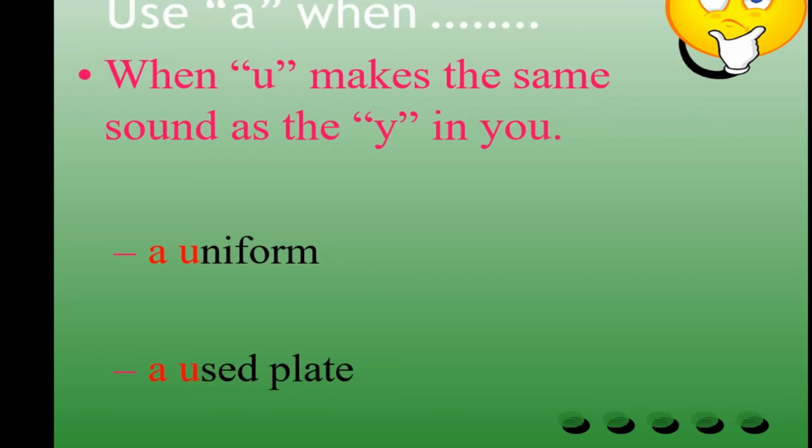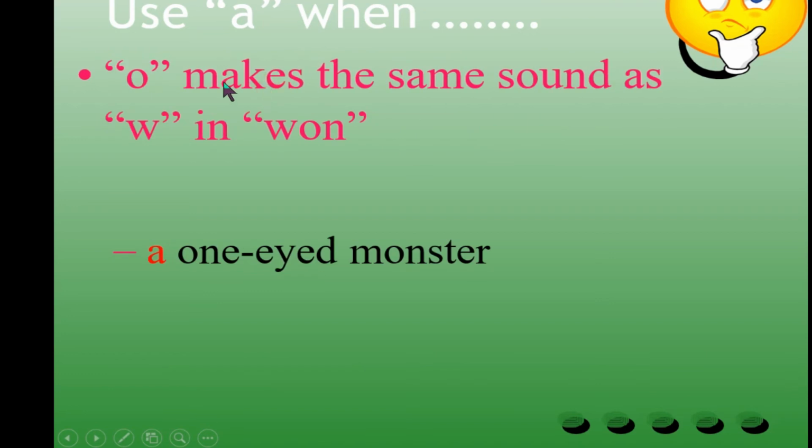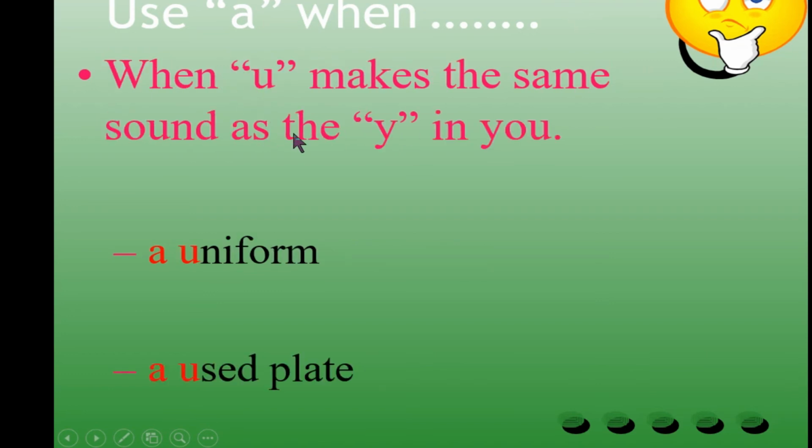Use a when you make the sound of the y in you. So for example, a uniform. So use a when you make the same sound as the sound in you.